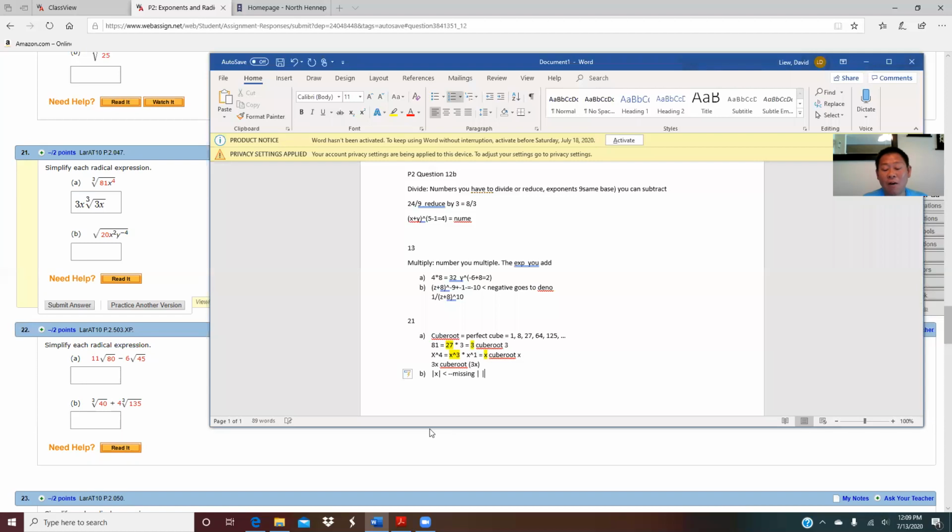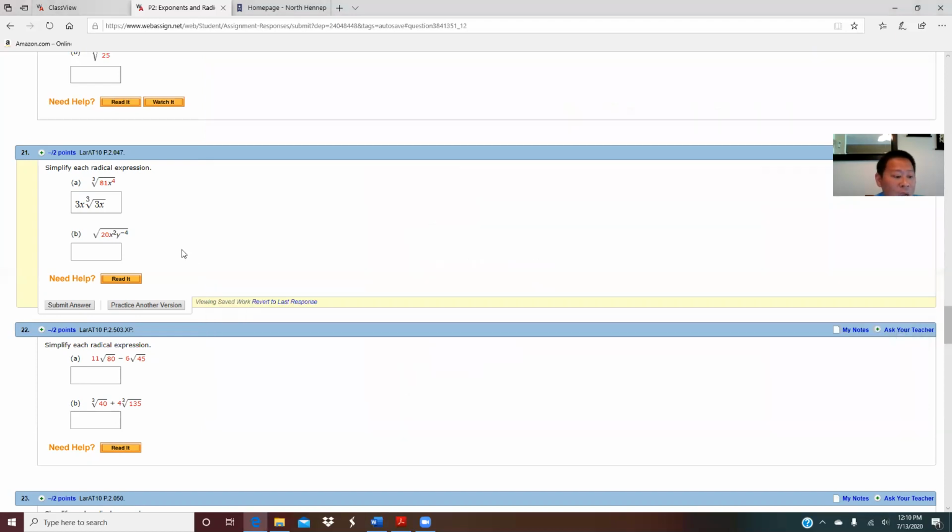A lot of students ask me about 21B, saying I got this wrong. Actually, you get it right. You just didn't put the absolute value on the x. So make sure that you put an absolute value on your x in this case, because you need that. This is one of the questions that I see a lot of people ask me.